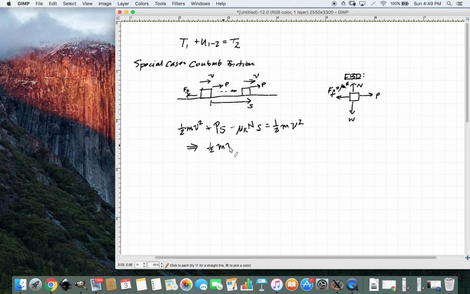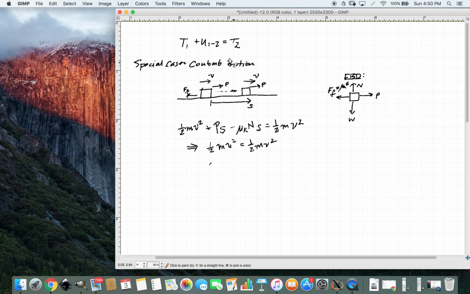1/2 m v squared equals 1/2 m v squared. Now I'm writing it this way because what this suggests to you, it should anyway, is that there was no net work, because this is a special case of what we have up here, T1, T2.